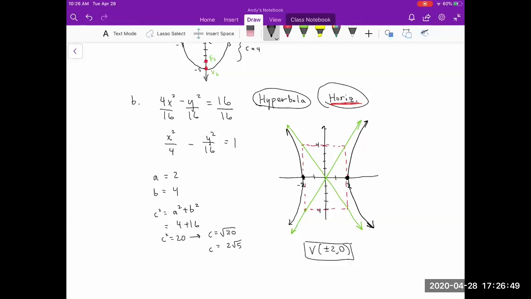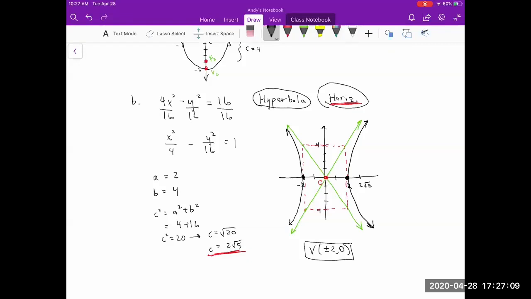Now the foci are a distance c from the center. So the center of the hyperbola here is 0, 0, of course. So if you travel c in this direction, we'll get 2 radical 5 comma 0.